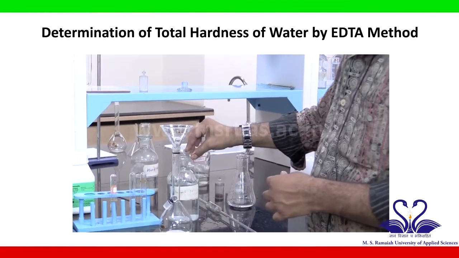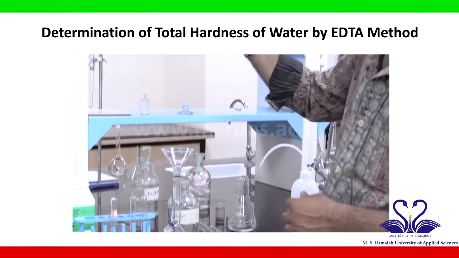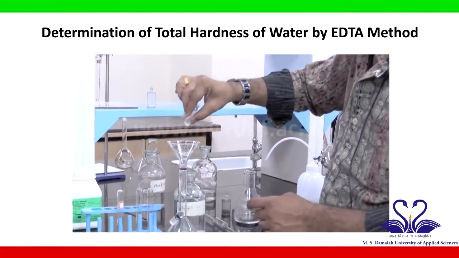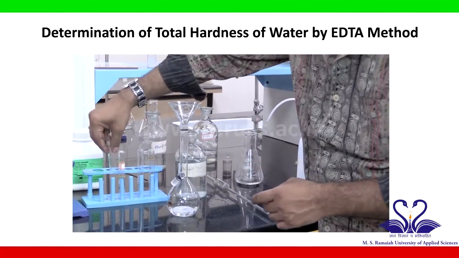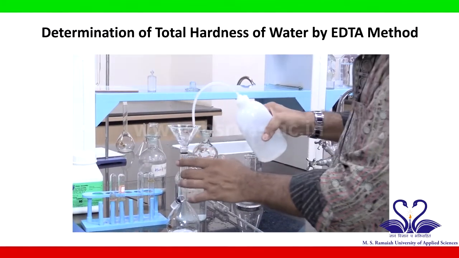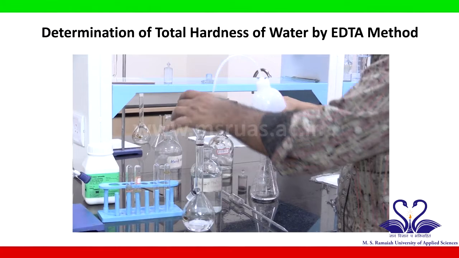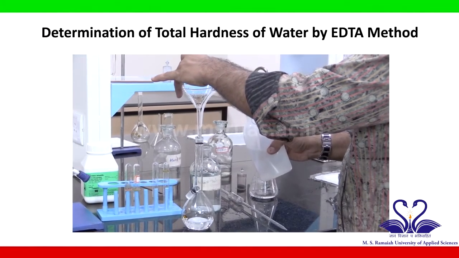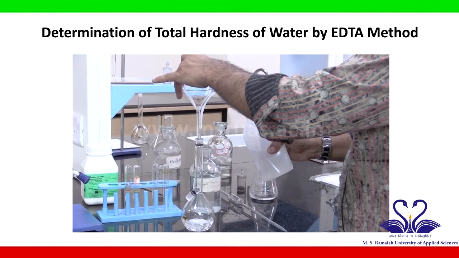Approximately it's half a test tube of 1:2 ammonia. Then some more quantity of water. You can rinse the funnel by adding some quantity of water on the edges.